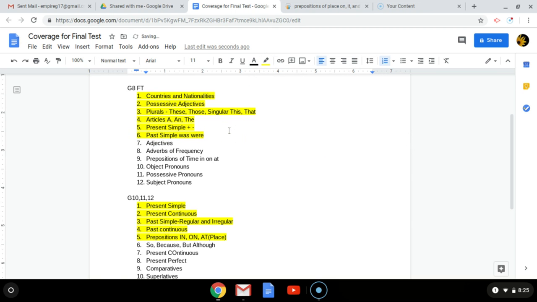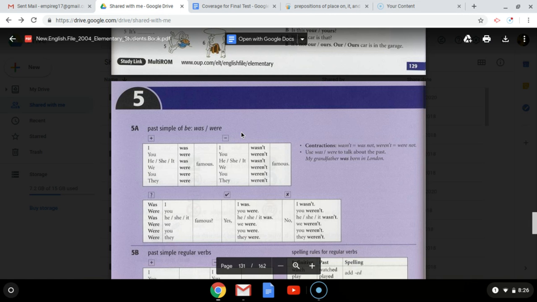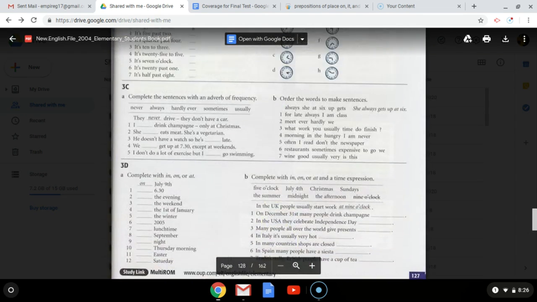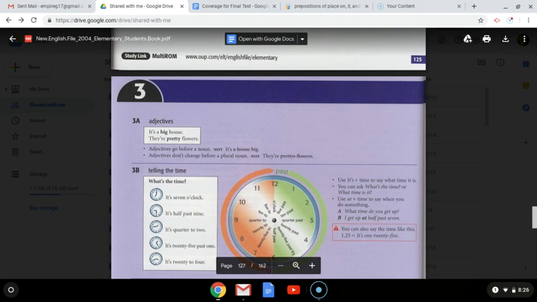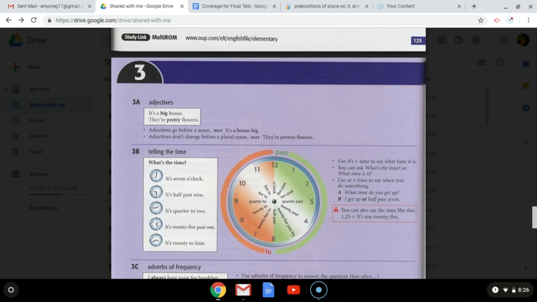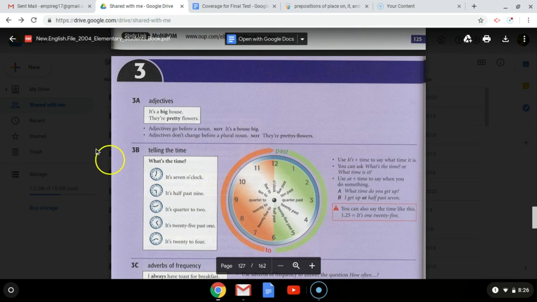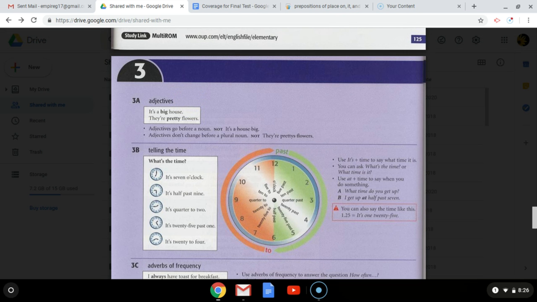The next thing that we are going to review are adjectives. Okay, so we have here the review part for the adjectives. You can also check your book. It's actually on page 126, adjectives. When we say adjectives, these are describing words.